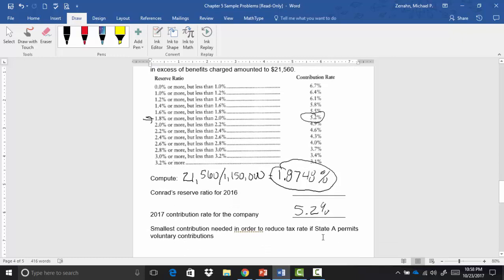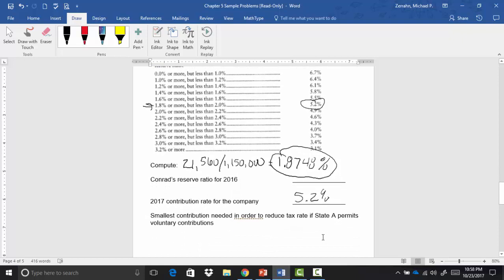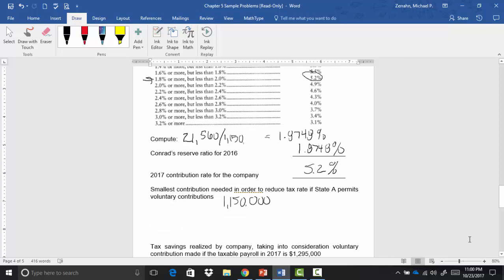Now as you scroll down, what's the smallest contribution needed in order to reduce the tax rate if State A permits voluntary contributions? So what do we have to pay to get to that 2% level? I'm glad you asked. Let's figure it out. Our total payroll is $1,150,000. We want to move to that new level, that 2% level.